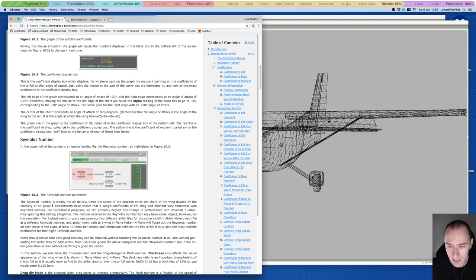Yeah, so it makes sense that the air behaves differently based on how dense the air is, how fast it travels along the wing, the airfoil, and also based on how wide that chord is. So it kind of makes sense. And the viscosity, what does viscosity already mean?